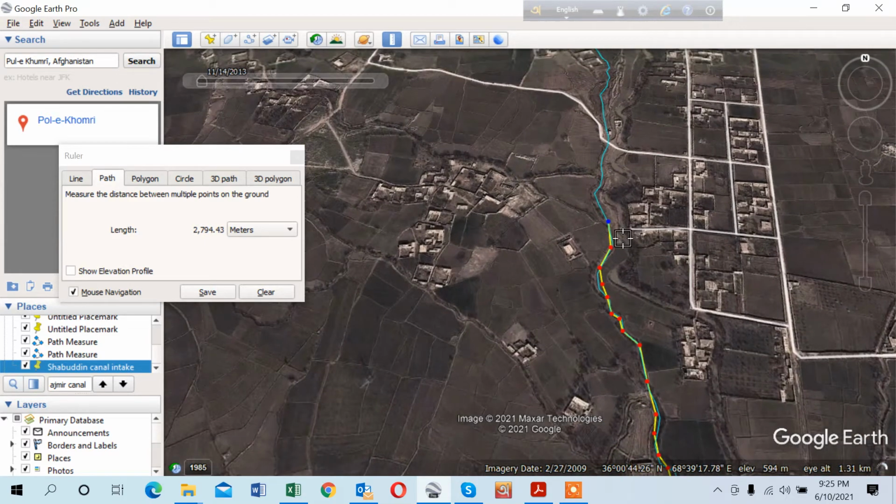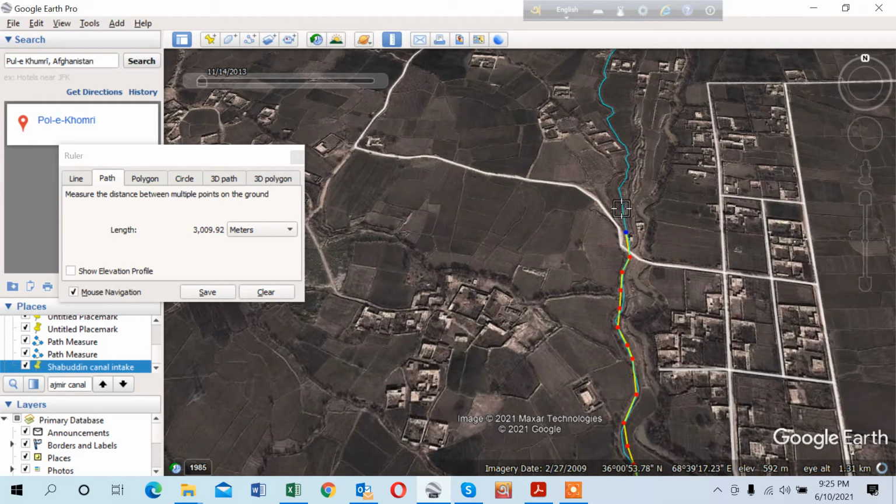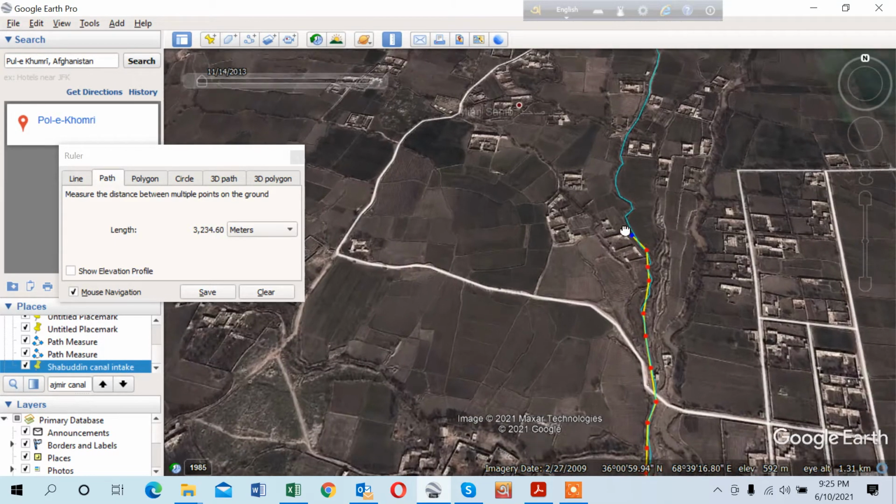You can see another canal is passing side by side, so there is some difference, and in some places there is some wall for the separation of the flow of the two canals. This is Ajmer canal and this is the Shahabuddin canal.